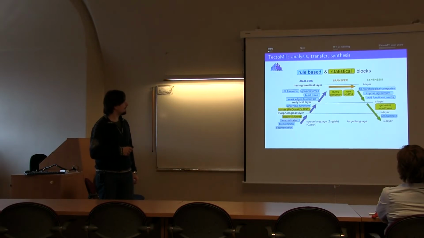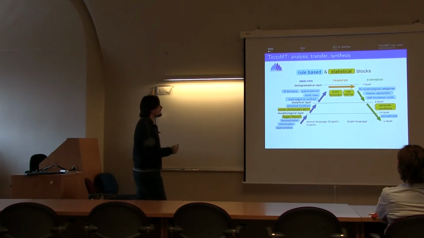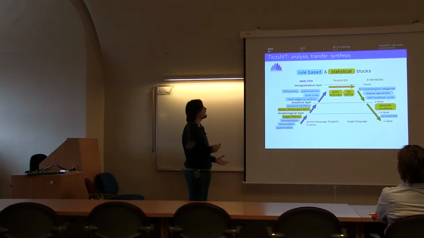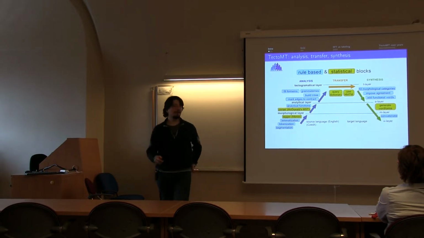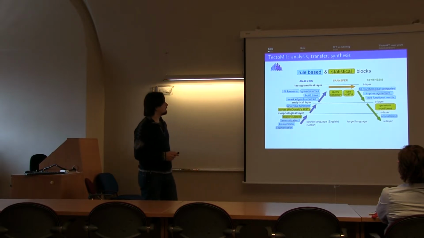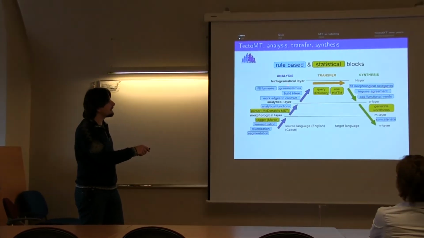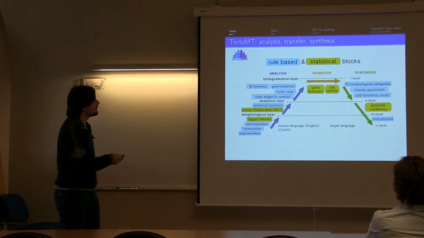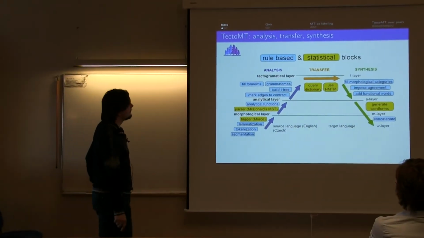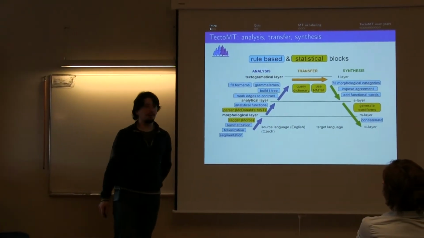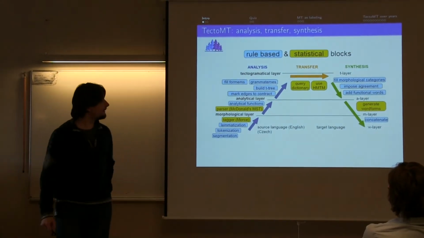So, this is the schema of TectoMT, and it's the classical analysis, transfer, and synthesis schema. We analyze the source sentence up to the tectogrammatical layer, or something similar to it, but modified for our purposes of machine translation.